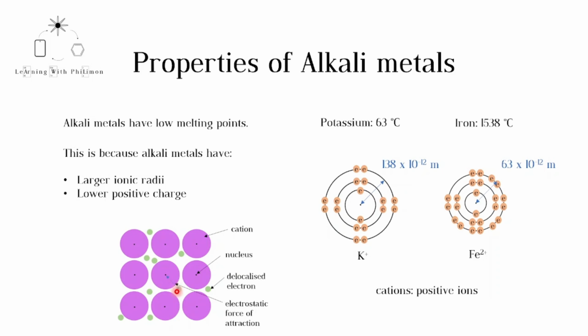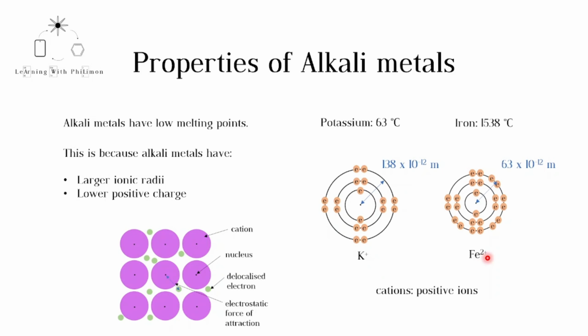This makes the electrostatic force of attraction stronger. More energy is required to overcome these forces, and the melting point is higher. The greater charge also increases the force of attraction. Potassium ions have a charge of 1+, whereas iron ions have a charge of 2+.